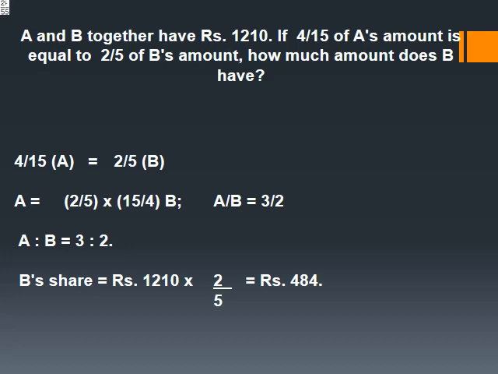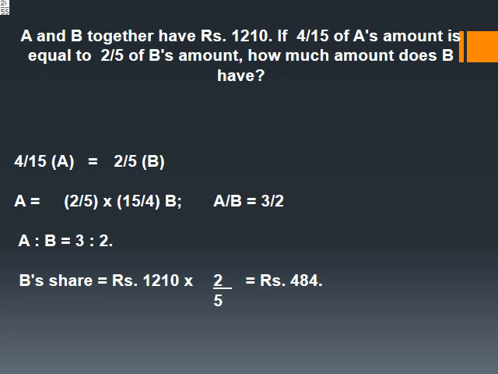So we get B's share by multiplying the total amount by B's portion. B's portion is 2 by 5, and that will be 484. This is how we solve the problem. So read the question clearly, understand it and use the proper equation, and we will get the ratio, and based on the ratio we can solve the problem.